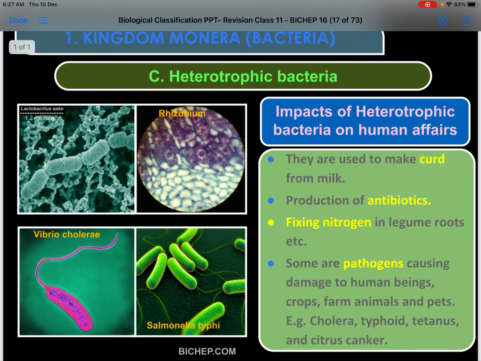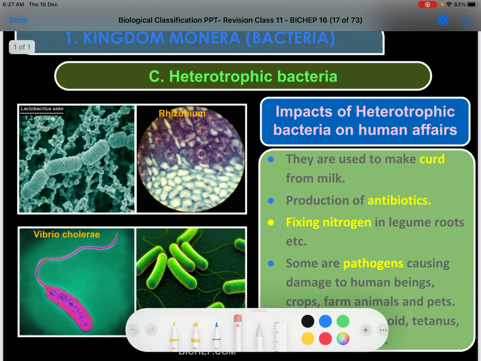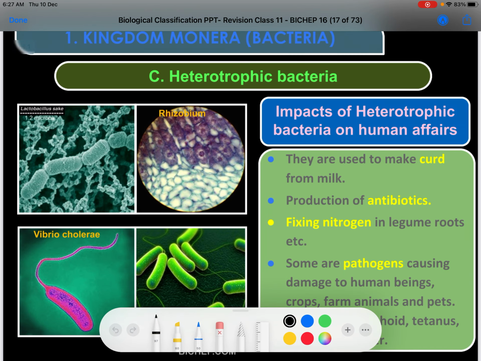These are a few examples of the heterotrophic bacteria and a few characteristic features as we have seen in this slide. The impact of the heterotrophic bacteria on human affairs, how they are beneficial to humans. Number one, they are used to make curd from milk, as we know. Number two, production of antibiotics.